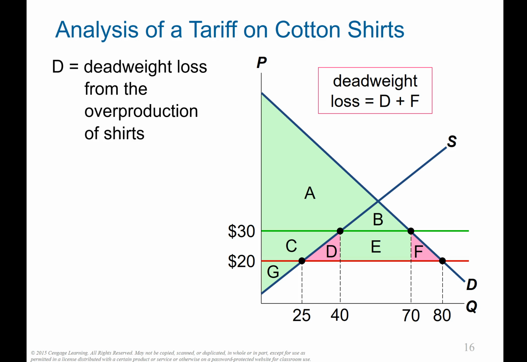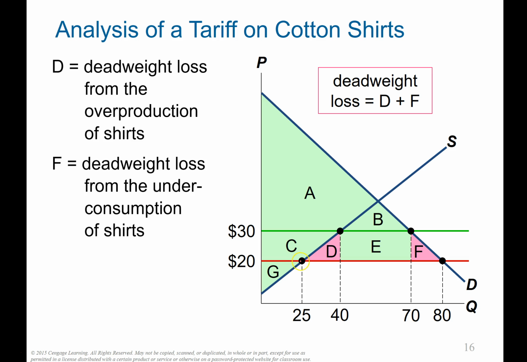So D is what we'd call the deadweight loss from the overproduction. They've produced too many. Before the tariff was imposed, they would have produced 25 units. Now they're producing 40 units. They've overproduced. They don't need those additional units. And area F is the deadweight loss from the underconsumption.